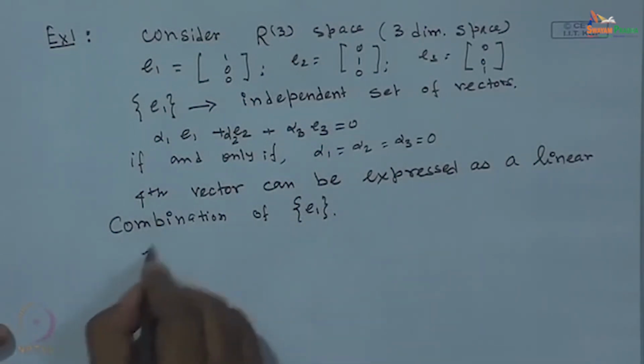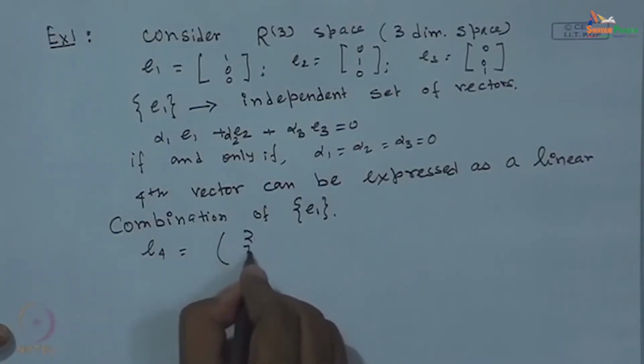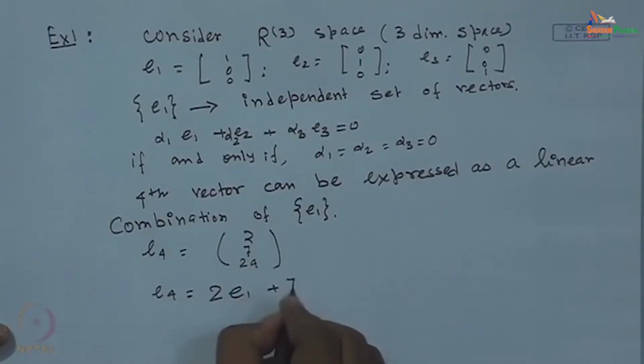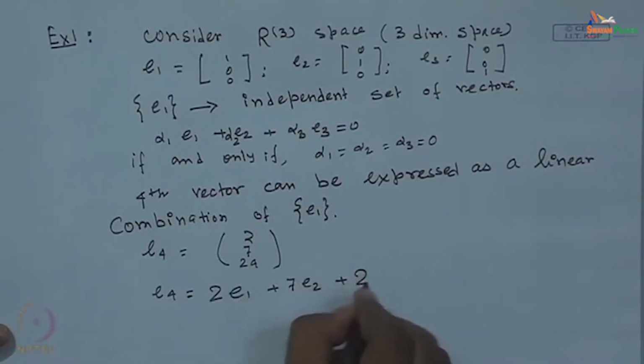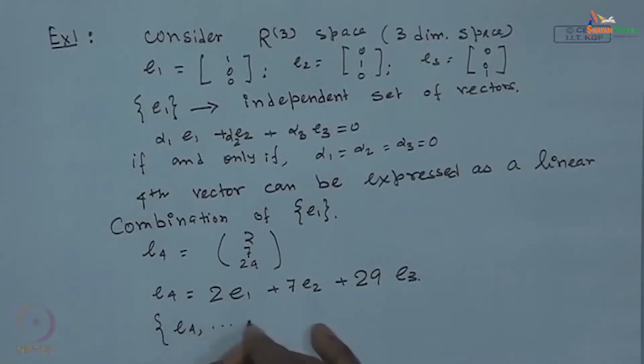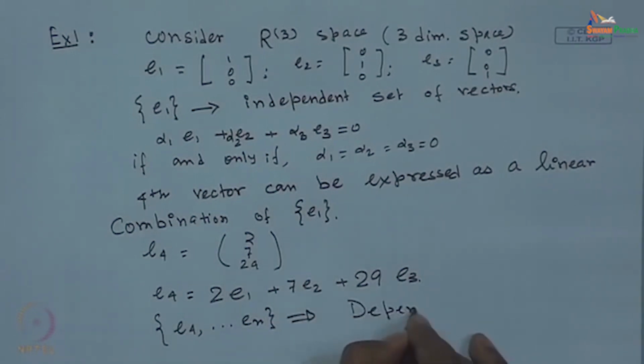For example, if we take a 4th vector E4 as 2 7 29, anything, then E4 can be expressed as a linear combination of these 3 vectors: 2 E1 plus 7 E2 plus 29 E3. So, any set constituting the vectors E4, E5 up to En will constitute a dependent set of vectors.